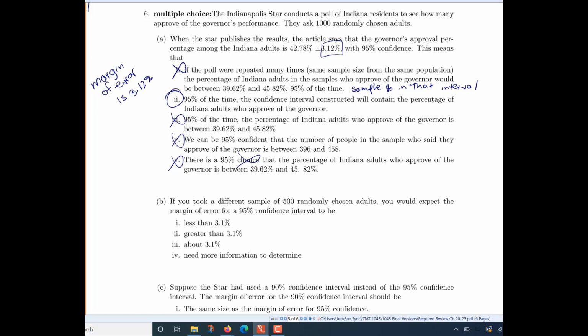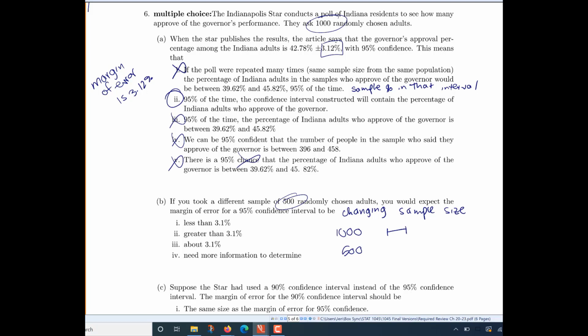Let's see, what are they actually asking here? Here we had 1,000, here we have 500. So we're looking at changing the sample size and what will happen. I like to draw a picture on these. So for 1,000 and 500, what do we know about sample size? We know that bigger sample sizes give us better, smaller confidence intervals.